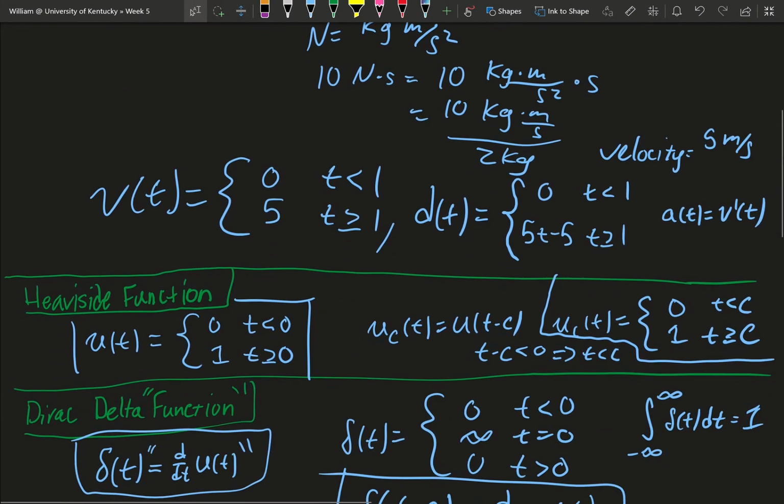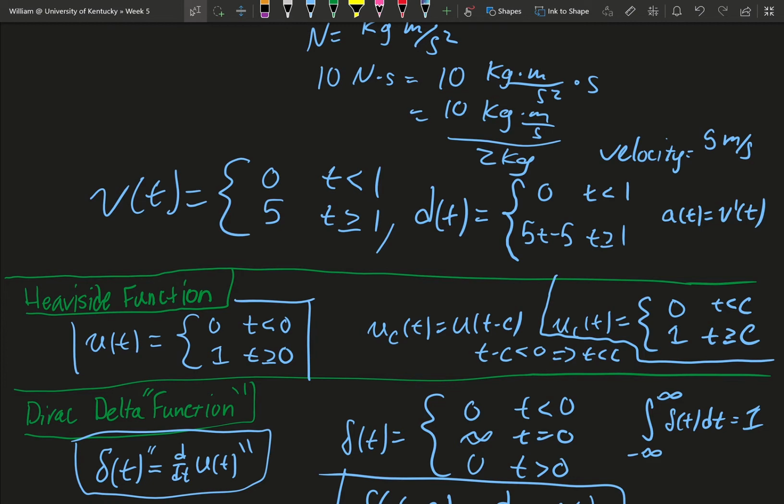So the Dirac delta function is a very convenient lie. We assume the bullet's impact or some other very quick occurring thing occurs instantaneously, and then it lets us get an easy model for the problem at hand.